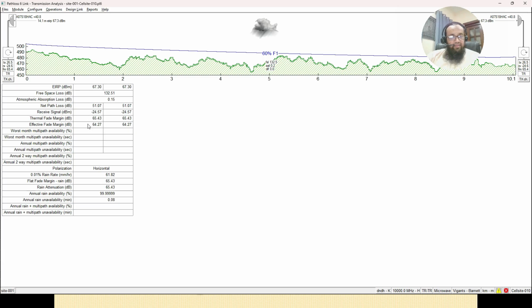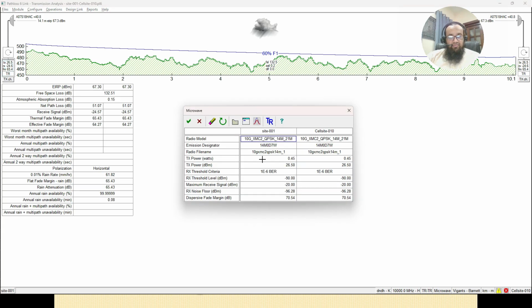Let me take you one step further. It has calculated a thermal fade margin of 65 dB. Where does it come from? The threshold is minus 90, so you take the difference between the received signal and the threshold and you get the fade margin value.